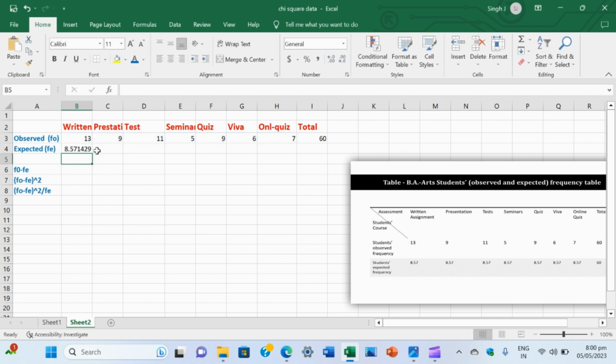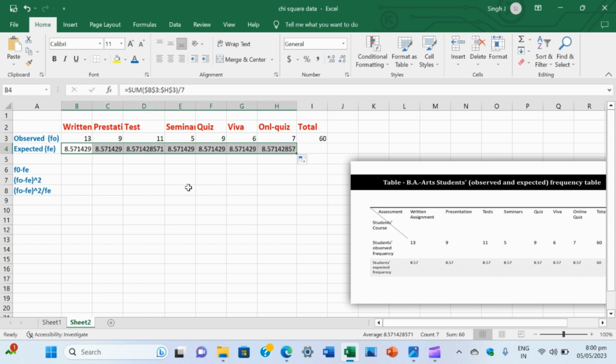We find 8.571429, which is the average of all the numbers in the different categories, and then we drag it across, which gives the expected frequency for all the categories. Since we have inserted the dollar symbol, the value will not change, and the same value will be filled in the other cells.